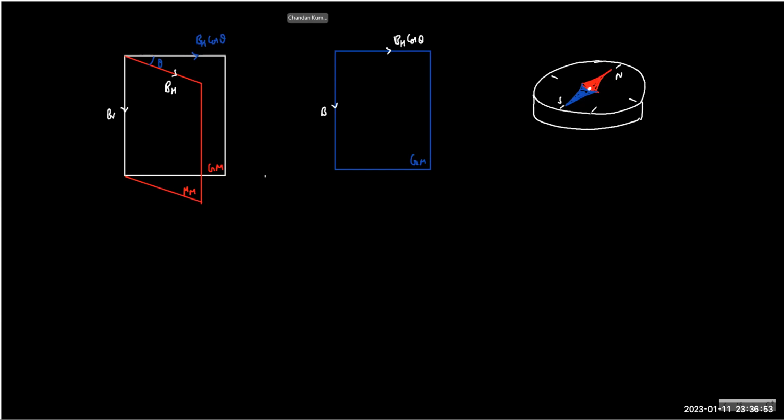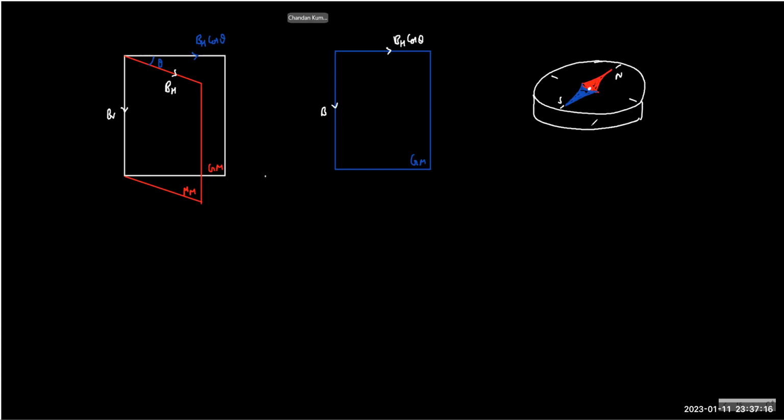Okay. So if you keep this magnetic compass on the Earth's surface, what will happen? The north and south will align in which direction? Which meridian? Sir, the magnetic meridian. Yeah, so that is how we actually find the magnetic meridian.